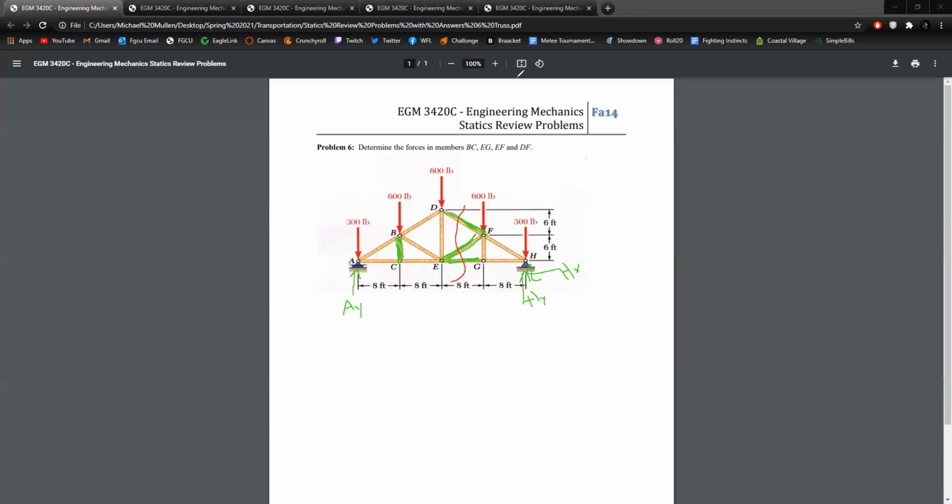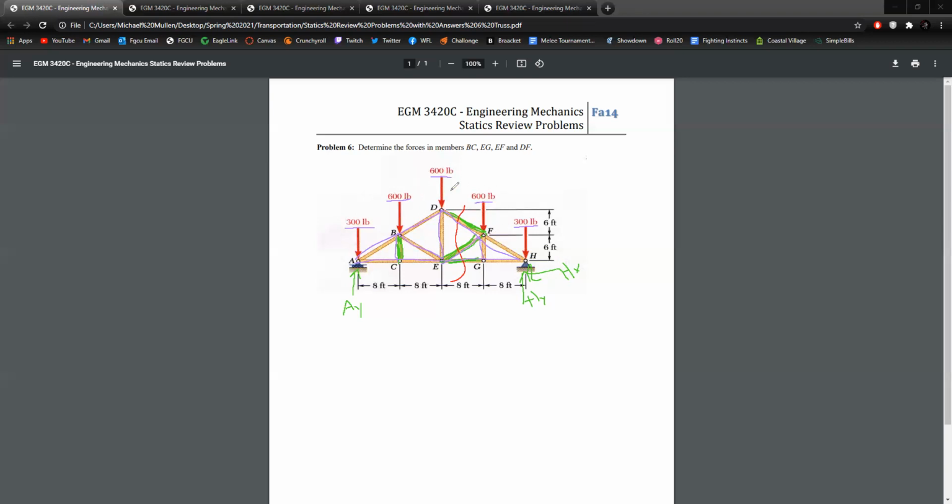So what we know about this structure is that the entire thing is symmetrical in all of its shapes. It has the same shape on both sides, and we have the same applied forces on both sides. We have 300 here, 300 here, and then 600 on all 3 middle points.